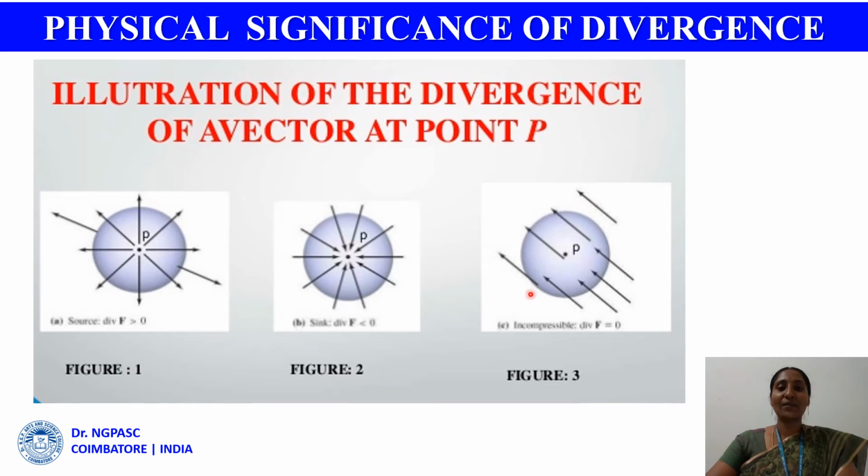In the third case, if the divergence of a vector field is 0, the flux entering through the surface is equal to the flux coming out through the surface. So there is neither a source nor a sink in this region. This is the physical significance of divergence.